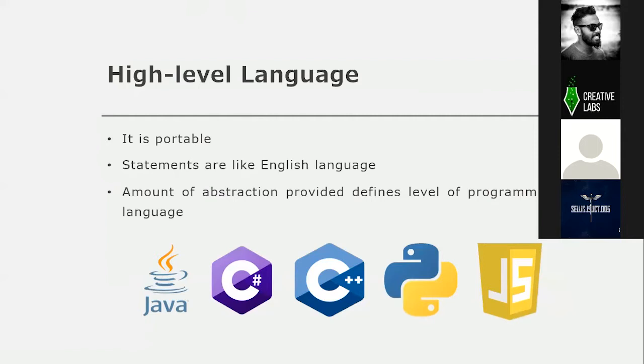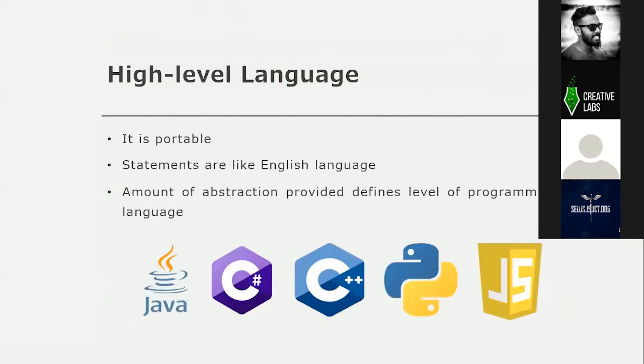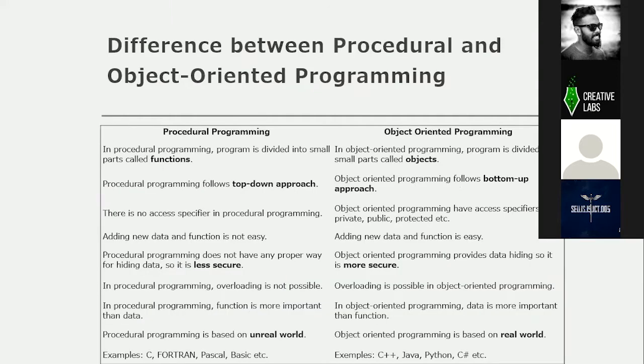There are so many languages introduced now, and so many frameworks built on top of these languages, right? But further, we can divide high-level languages into two subsets: procedural languages and object-oriented programming languages.